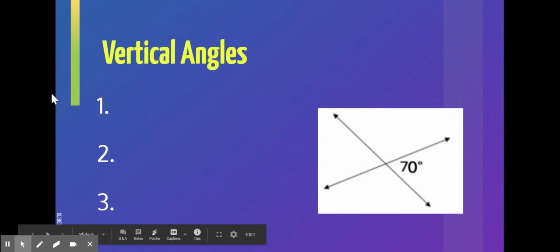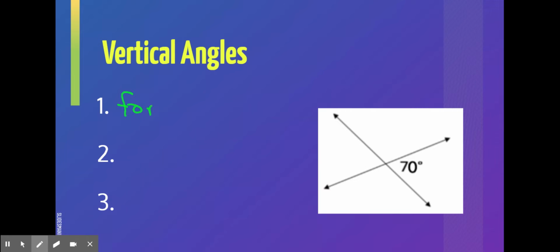Now we're going to review vertical angles. In vertical angles, they are formed by intersecting lines.